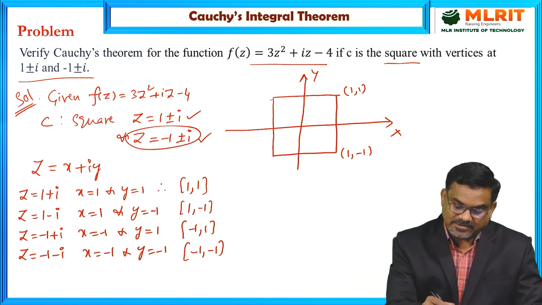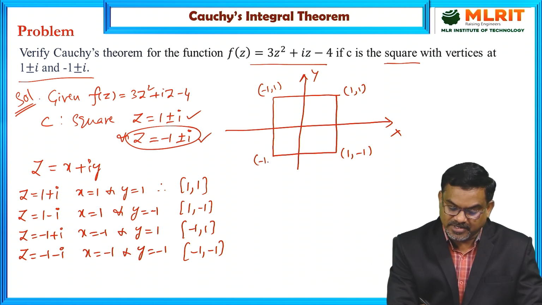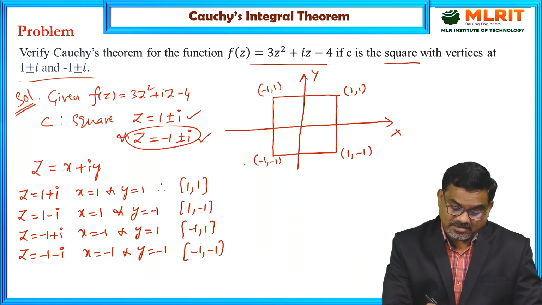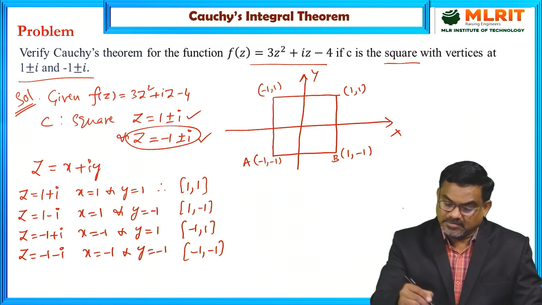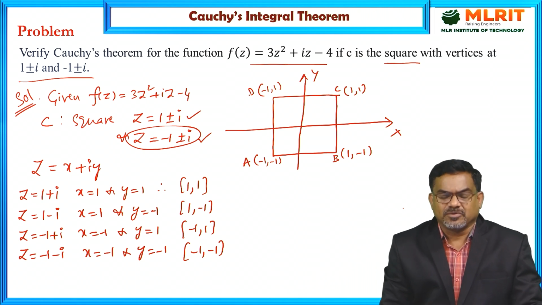Here x is negative, y is positive, minus 1 comma 1, and here both are negative, minus 1 comma minus 1. Now, let us denote these points by the letters A, B, C, D. So, these are the vertices A, B, C, D.